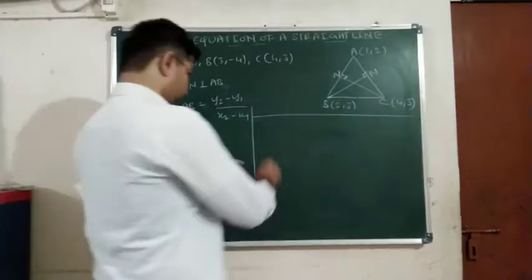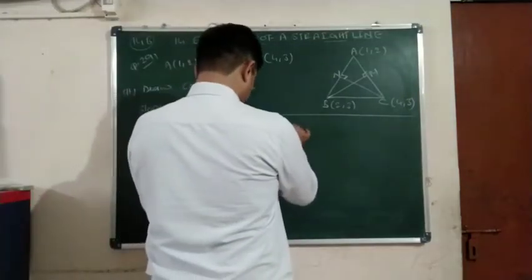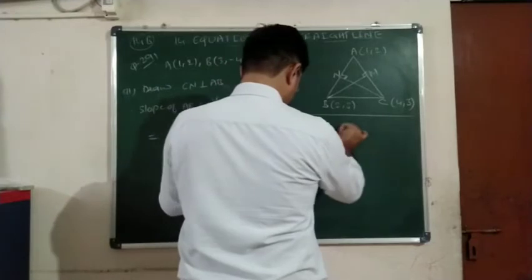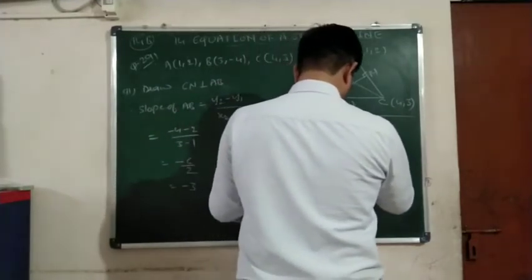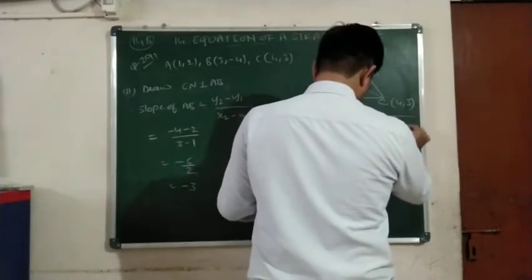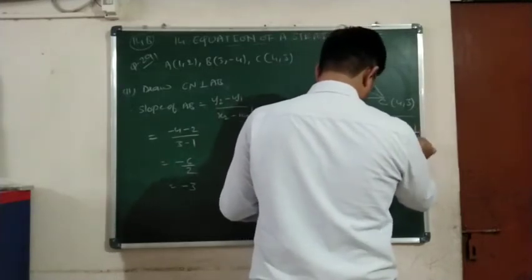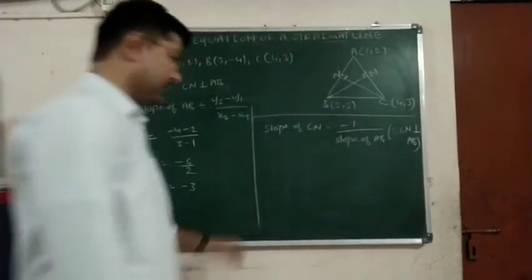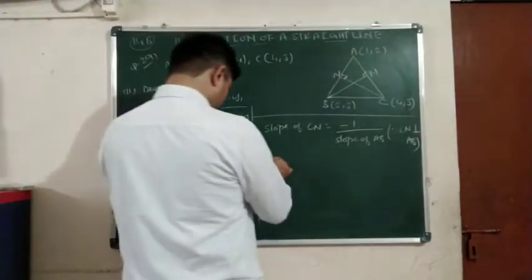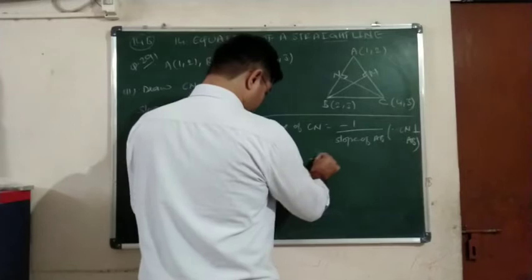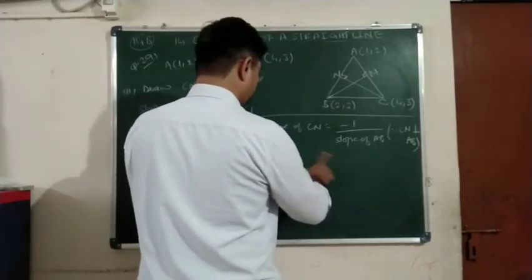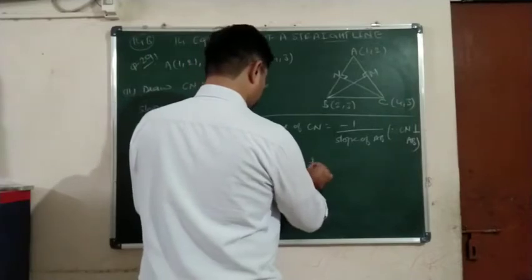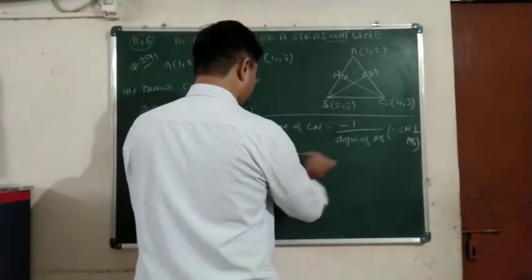Now we will write down slope of CN is equal to minus 1 upon slope of AB. Why? Since CN is perpendicular to AB. Yes or no? And therefore slope of CN, denoted by m, is minus 1 upon slope of AB. So minus 3 we have. So its negative reciprocal will be 1 upon 3.